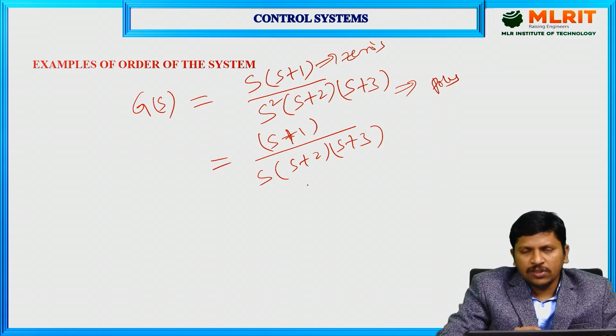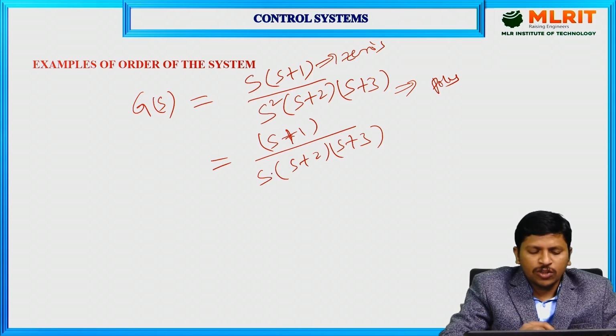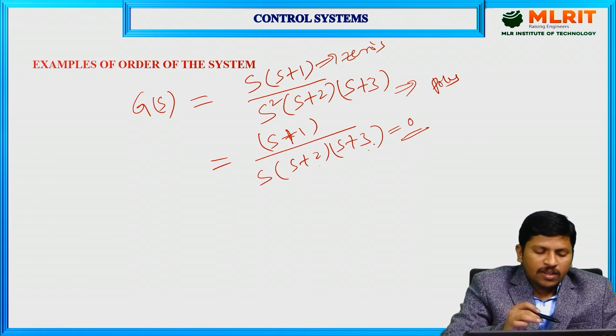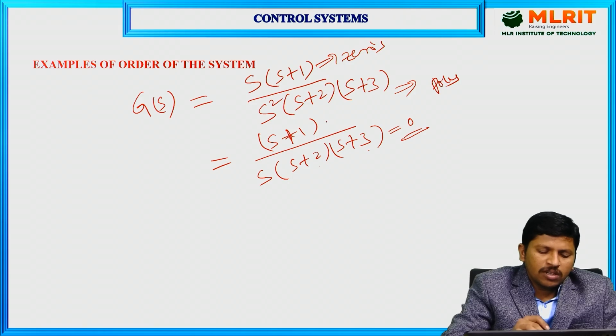Just 3 poles: s equals 0, s equals minus 2, and s equals minus 3. The zero is s equals minus 1 only.